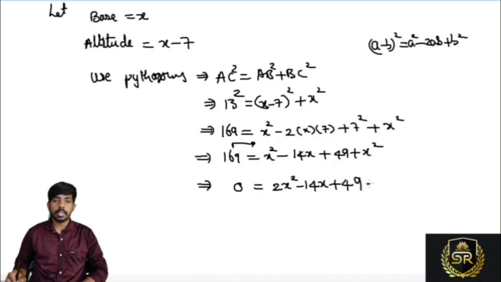Bring this term to the other side and write it as minus 169, right? So 0 equals 2x square minus 14x plus 49 minus 169. 49 minus 169 is how much? Minus 120, right?